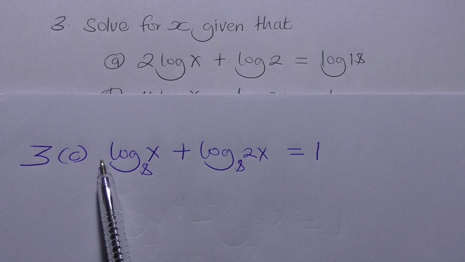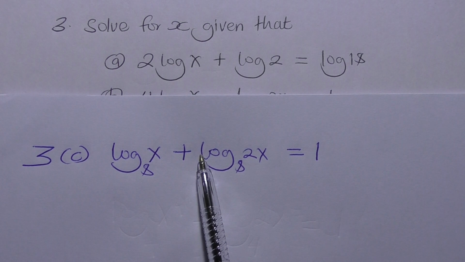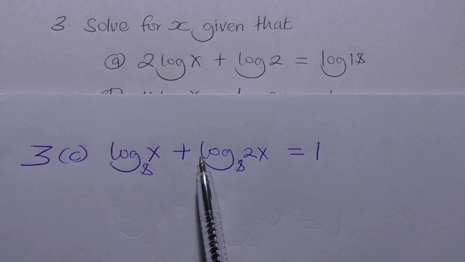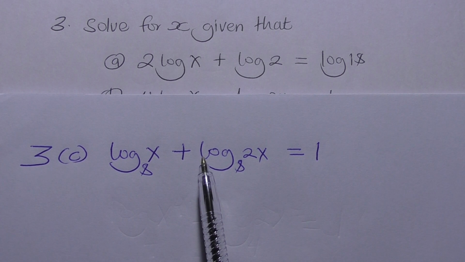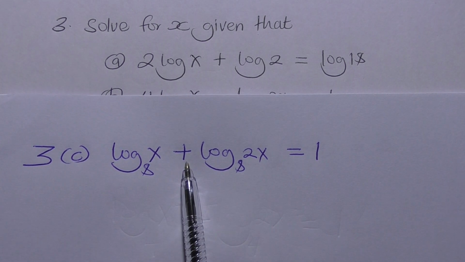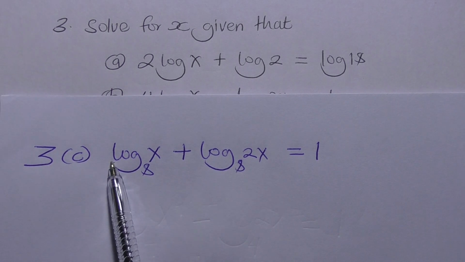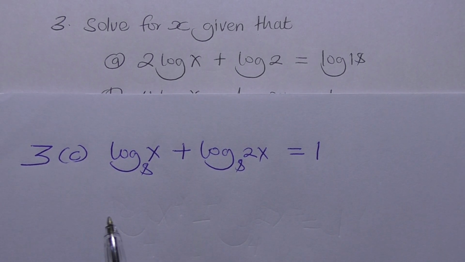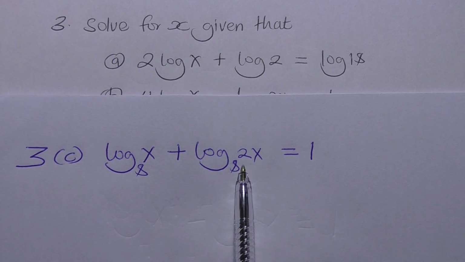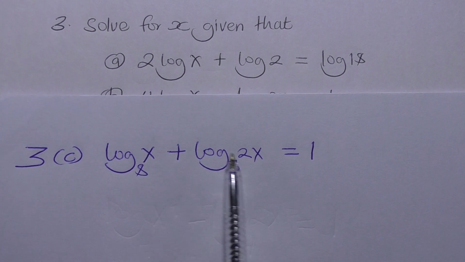But if we had the coefficients, just like in our previous parts, part A and part B, we have to first deal with the coefficients before we apply the law of addition. But since we don't have coefficients, or the coefficients are 1, which is a silent 1, we go straight to the addition rule, which says that when I'm adding logs of the same bases, I simply multiply the powers.